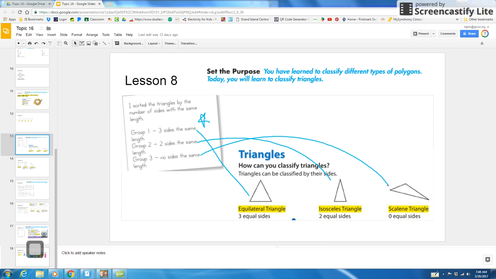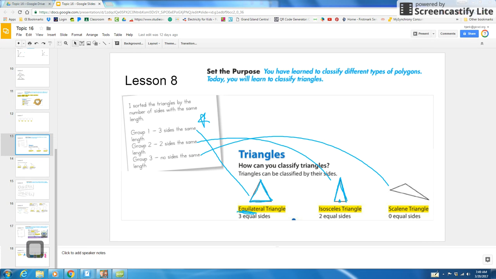A triangle that has three equal sides, all three sides are the same, is called an equilateral triangle. And it has that equal in there, so that's a nice little way to help you remember the equilateral triangle. Our triangle where only two sides are the same is an isosceles. So two sides are equal, and this third side is a different length.